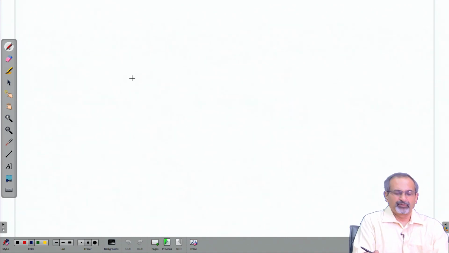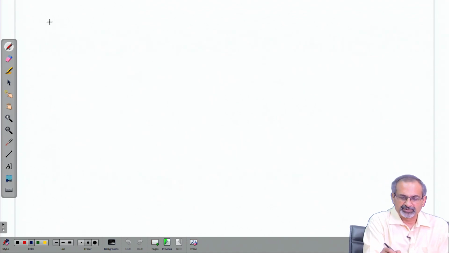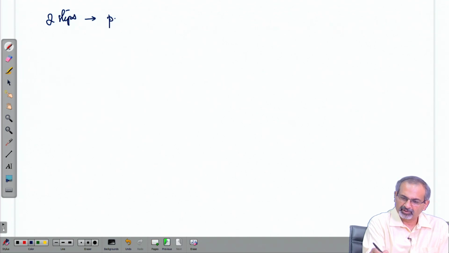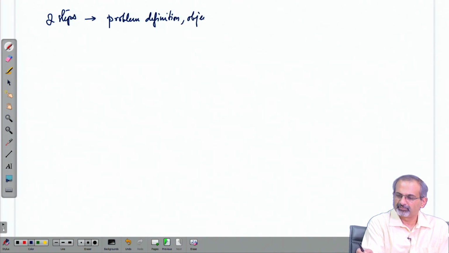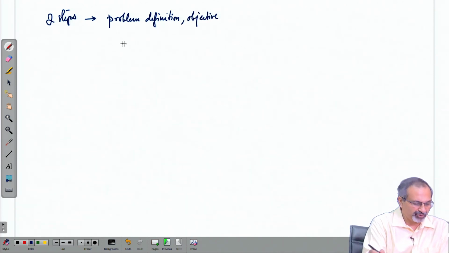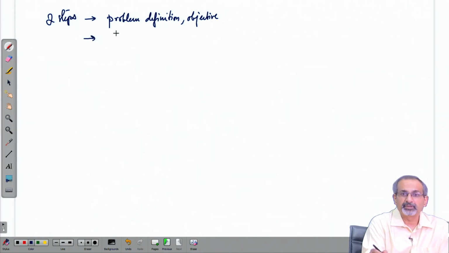So, we have already crossed two steps, that is, we have done a problem definition, we have set out the objective that we want to solve potential flow past an arbitrary airfoil, and we have also decided which would be the governing equation.